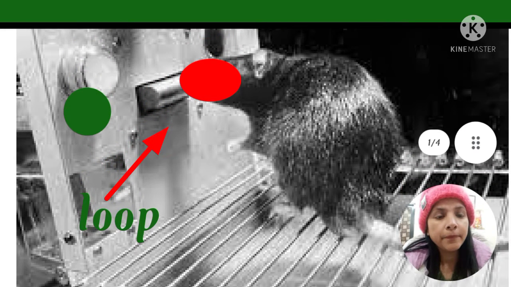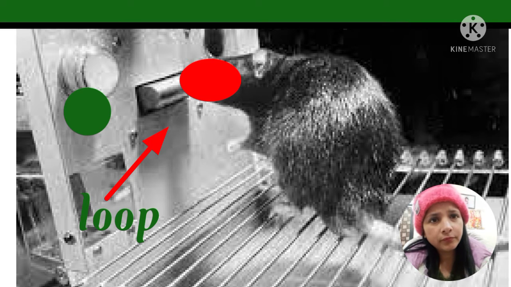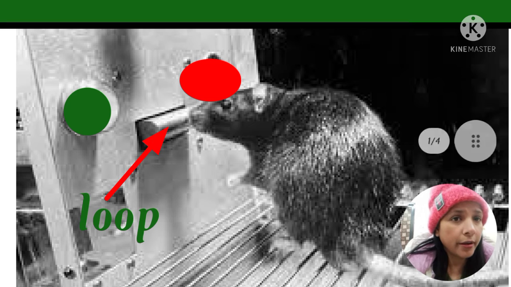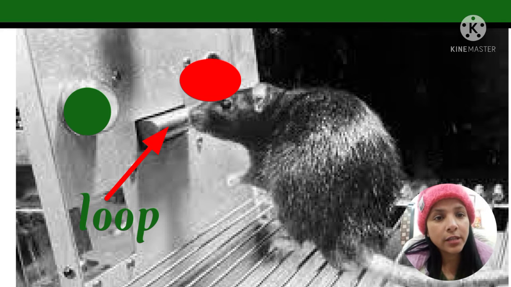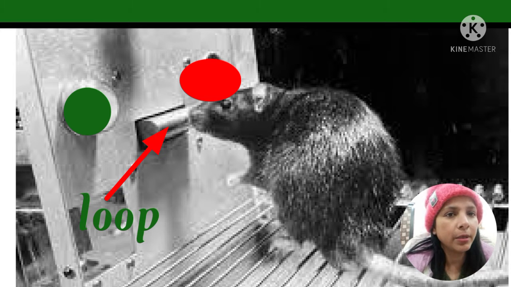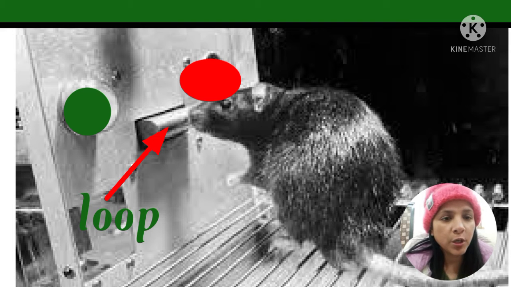Now after many trials and errors, after some time he got to know that he had to press the lever only when the green button is on, and avoid the red button. Whenever he saw that the red button was on, he tried to avoid pressing the lever, and whenever the green button was on, he immediately pressed the lever and got the food.